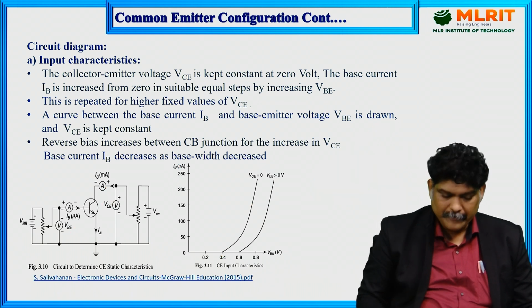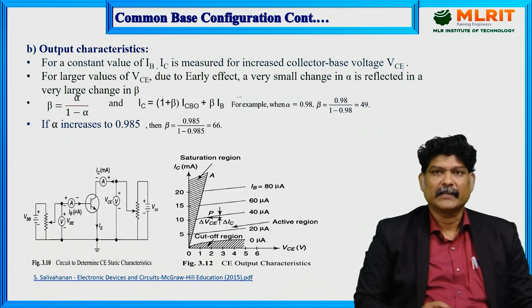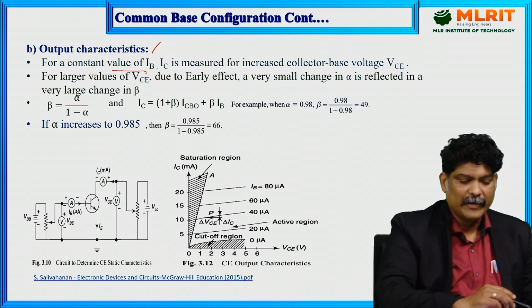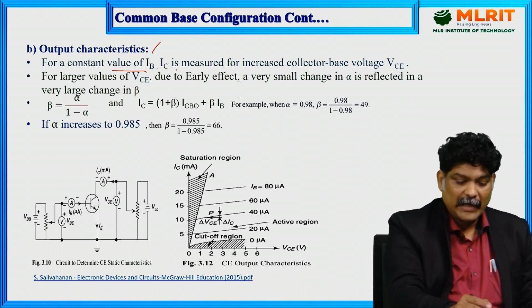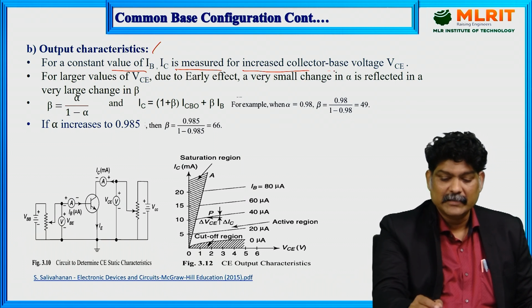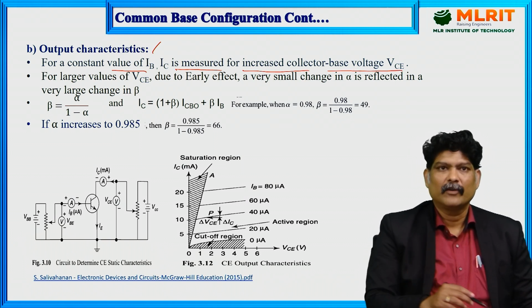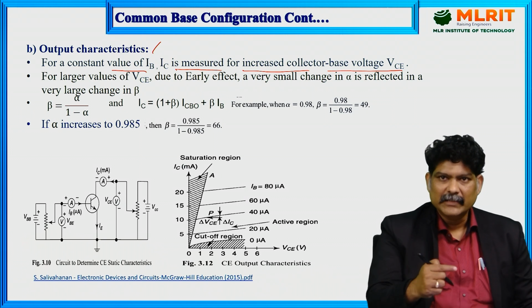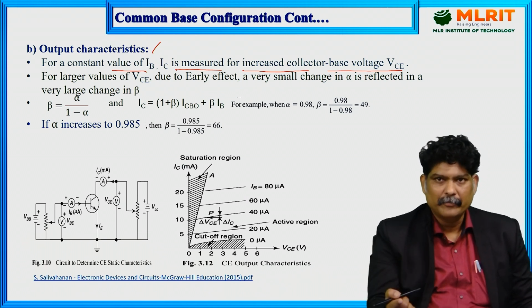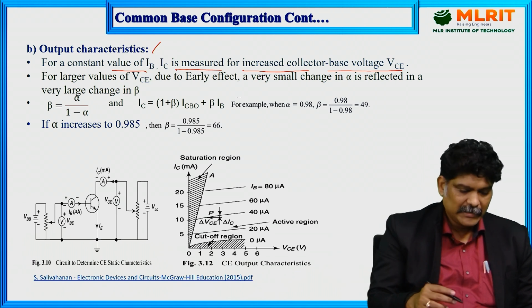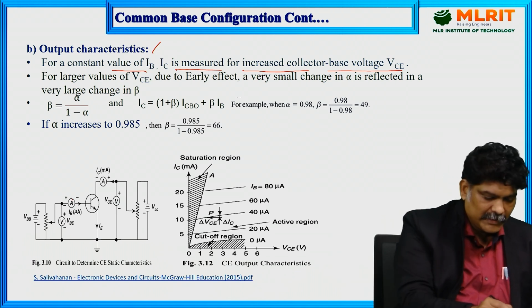Now let us see what the output characteristics are. For a constant value of IB, IC is measured for increased collector voltage. So the output characteristics of CE configuration is the graph drawn between output parameters for fixed values of input current. What are the output parameters here?